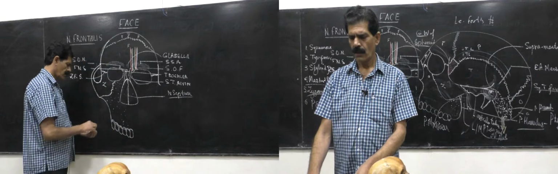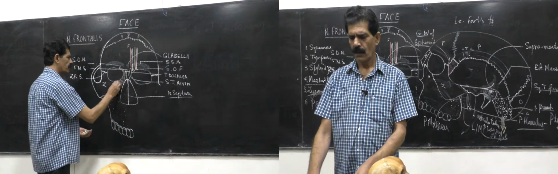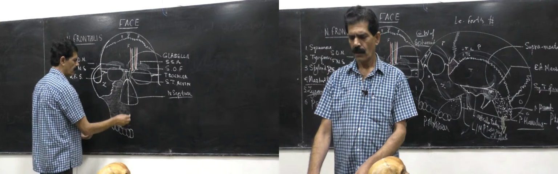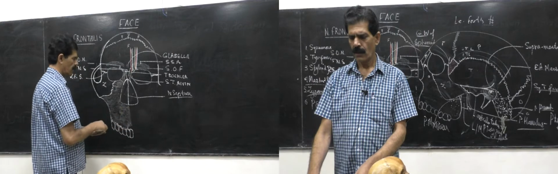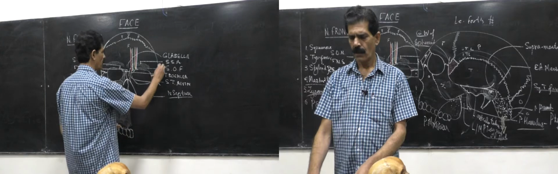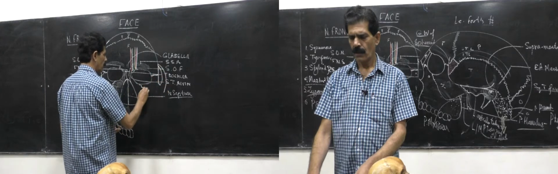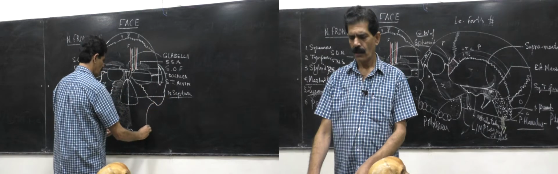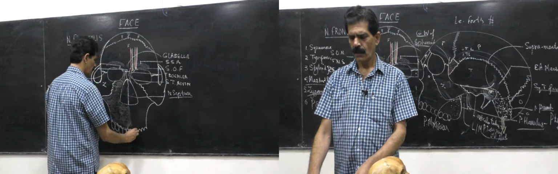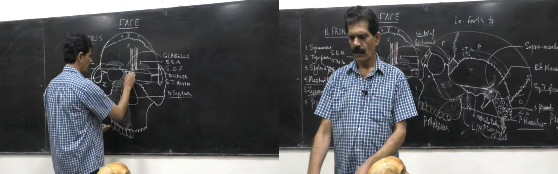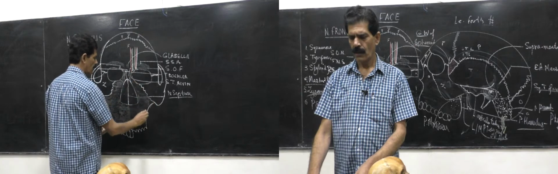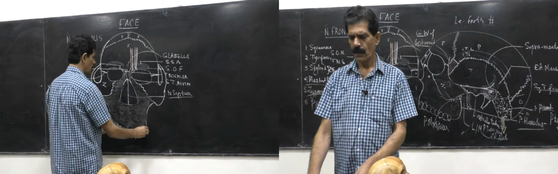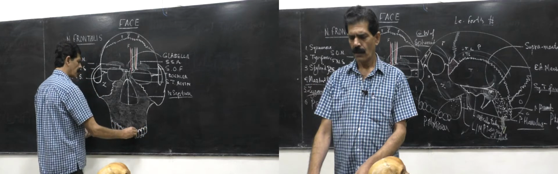So this whole bone is the maxilla. This is the inferior border, which we call the alveolar border.